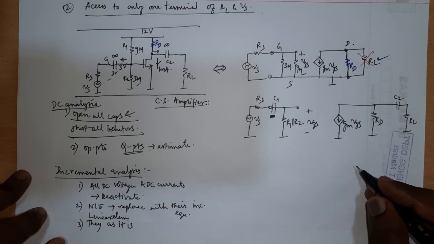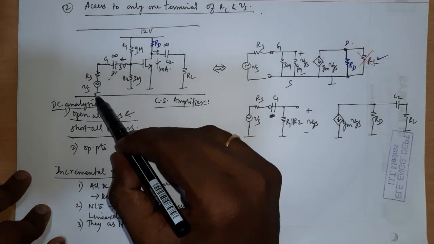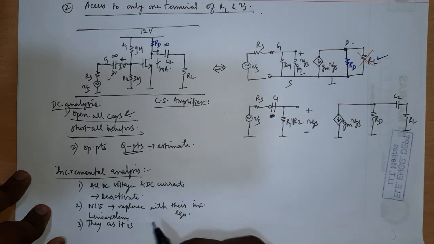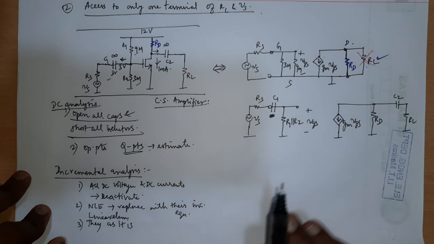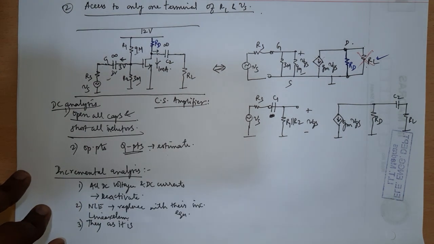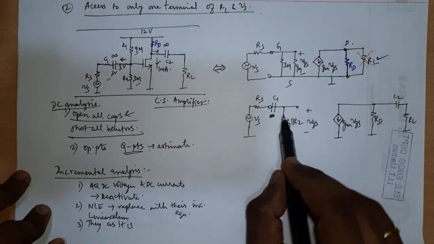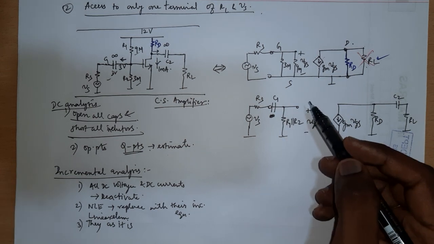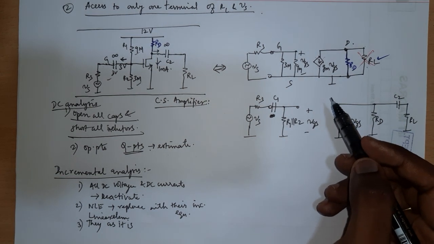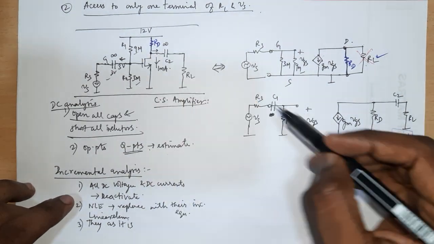So you see, that is what I have actually done to derive it. For example, the signal source will appear like that. The DC voltage source is deactivated. Signal source will appear just like that. If you want, you can add that as one more point. Capacitors are linear elements, so they will appear as they are. Resistors are linear, so they will appear as they are.